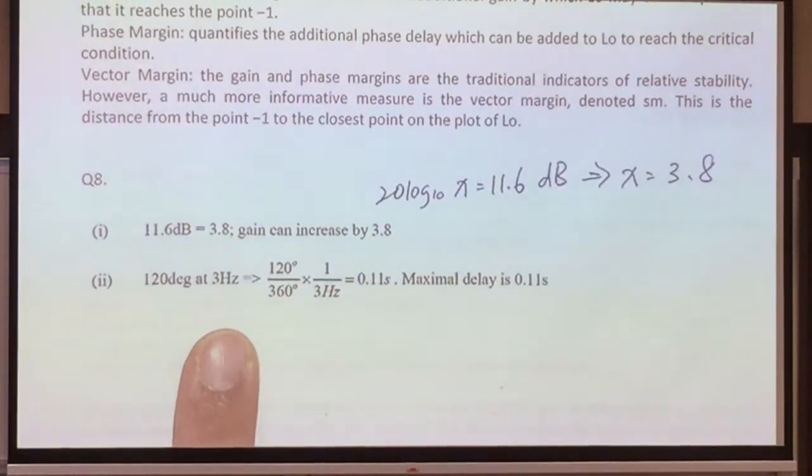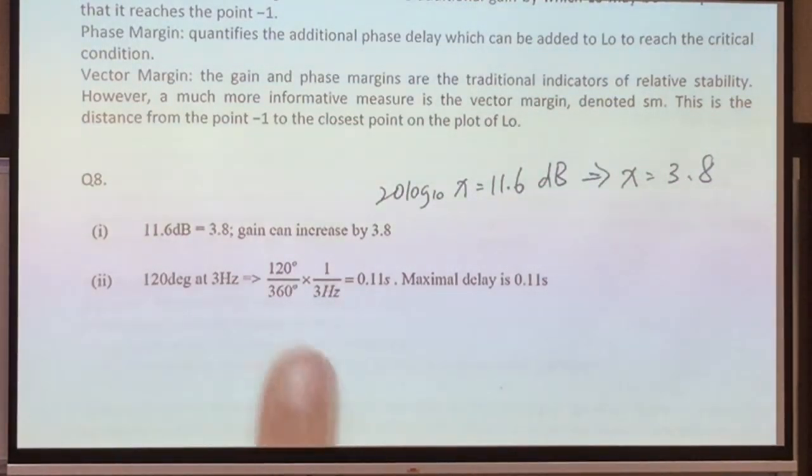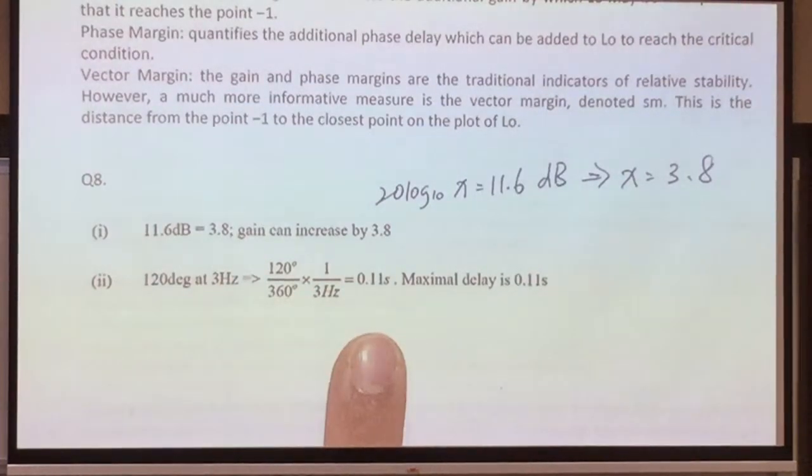It's also 2 pi. You can convert Hertz to 2 pi easily. 2 pi is 1 revolution, and 1 revolution in degrees is 360. So 120 over 360 tells you the number of revolutions, times 1 over 3 Hz. So 1/3 of 1 revolution is 0.11 seconds.